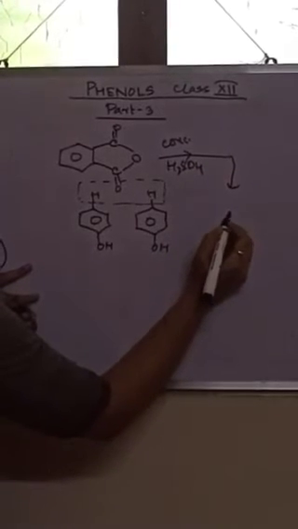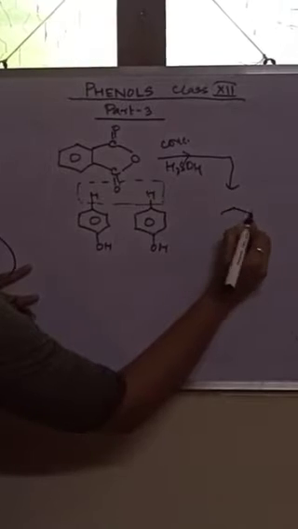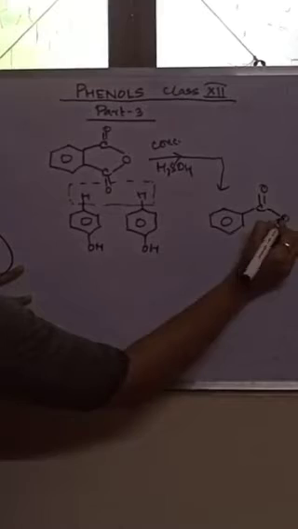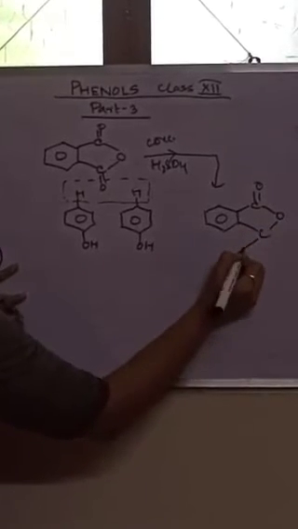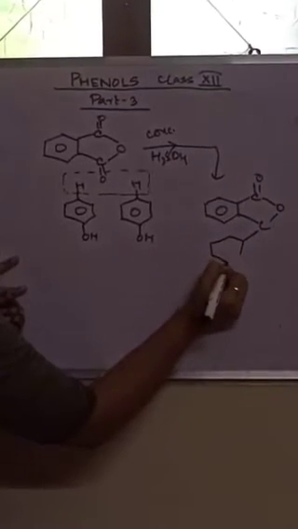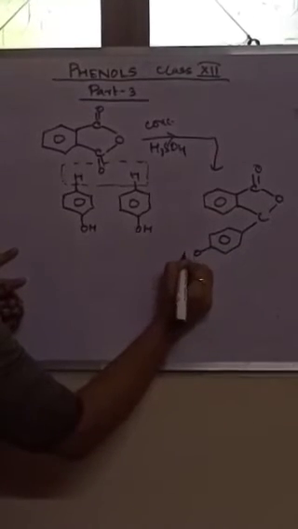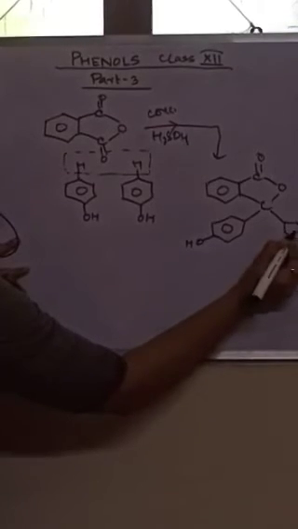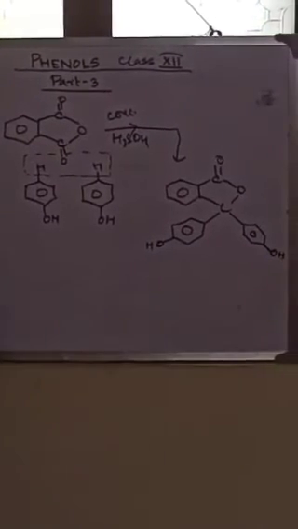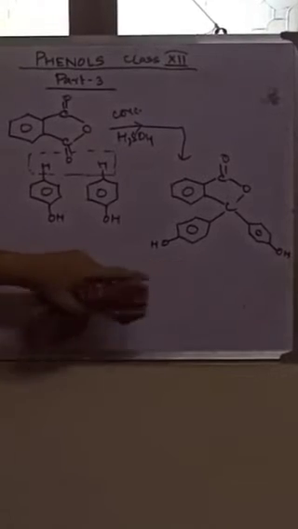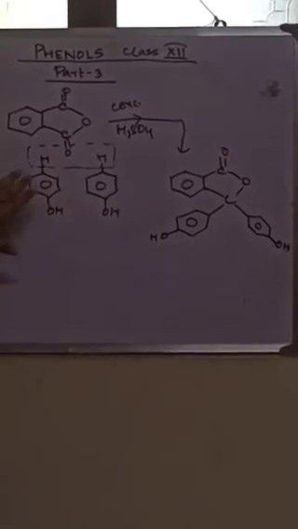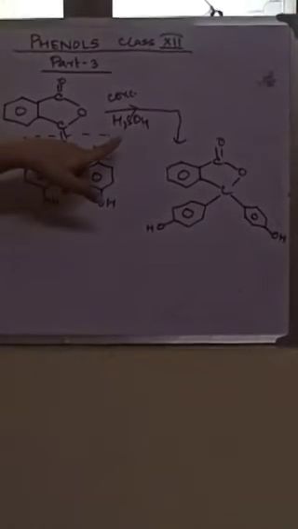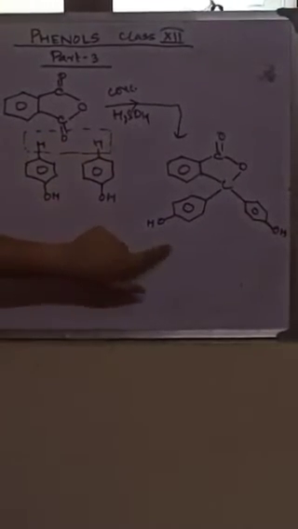Phenolphthalein is a very good indicator. This is the structure of phenolphthalein. When phenol gets condensed with phthalic anhydride in presence of concentrated H2SO4, then phenolphthalein is obtained.